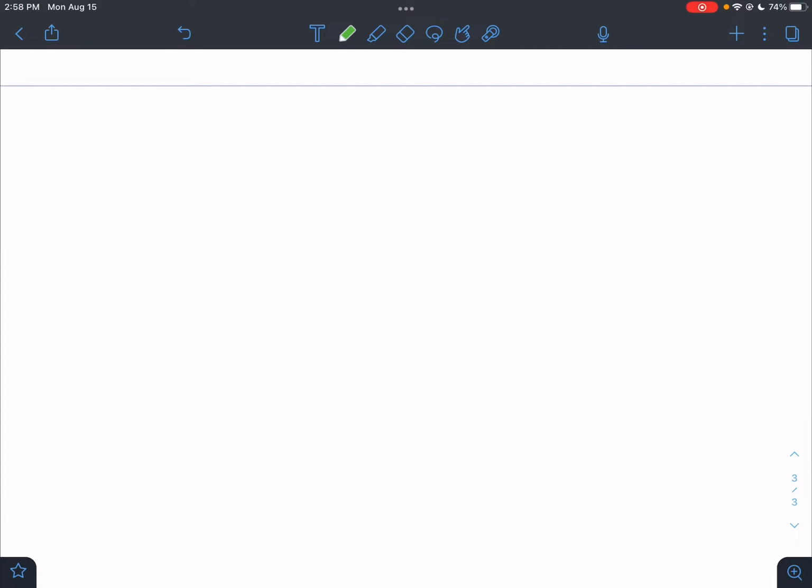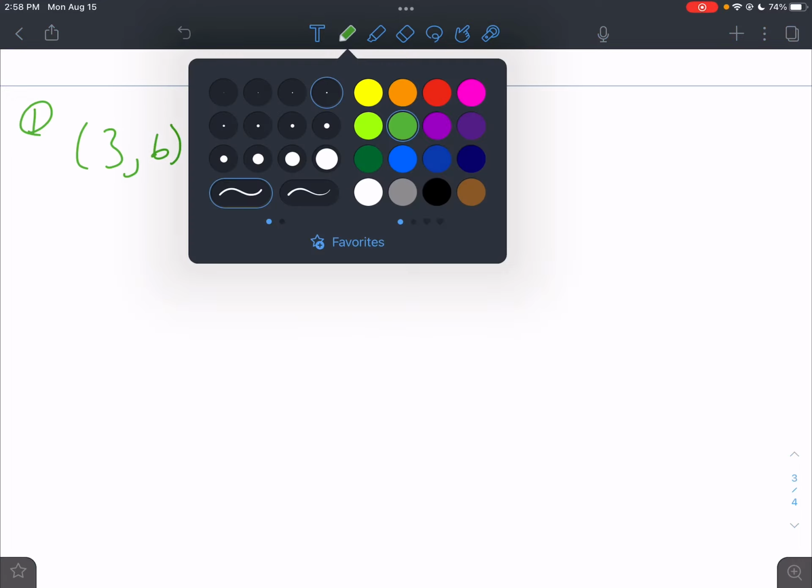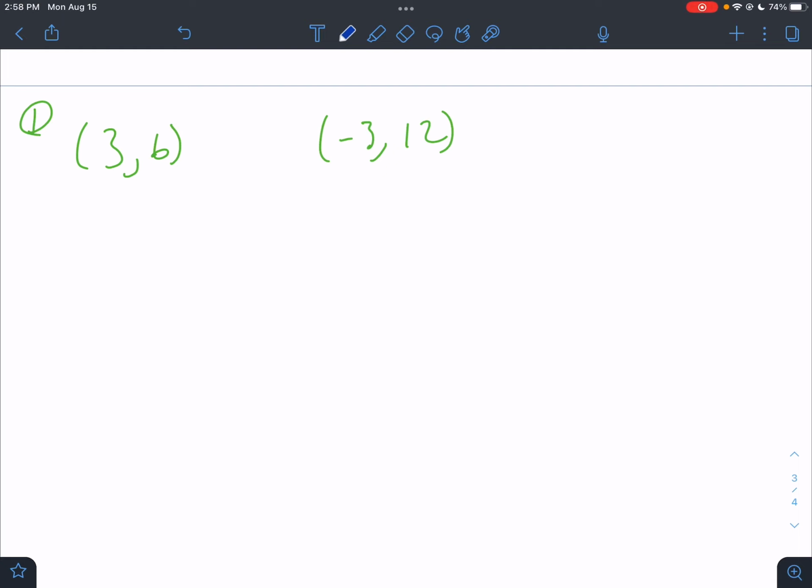I'm going to do a couple more examples just so we can see it. So here we go. Number 1, let's say we have 3, 6 and -3, 12. Just making some stuff up. We're going to add the x's. What are my x's? 3 and -3. It's going to be 3 plus -3. We're going to add them and divide by 2.